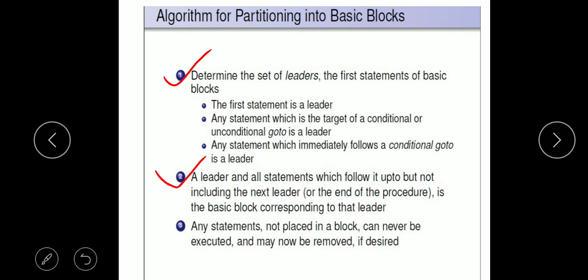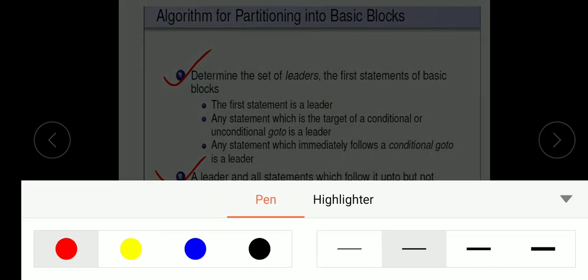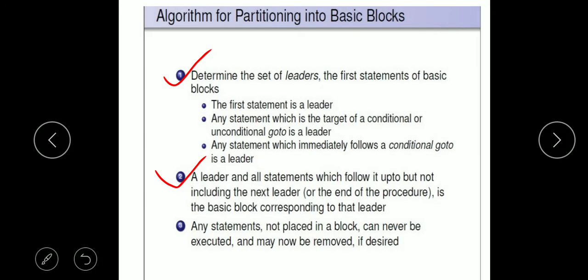In order to identify leader statements, you need to remember 3 points. Point number 1: for given intermediate code, the first statement would be a leader statement. Whatever intermediate code has been given to you, or you have constructed, its first statement always would be a leader statement. This is rule number 1.